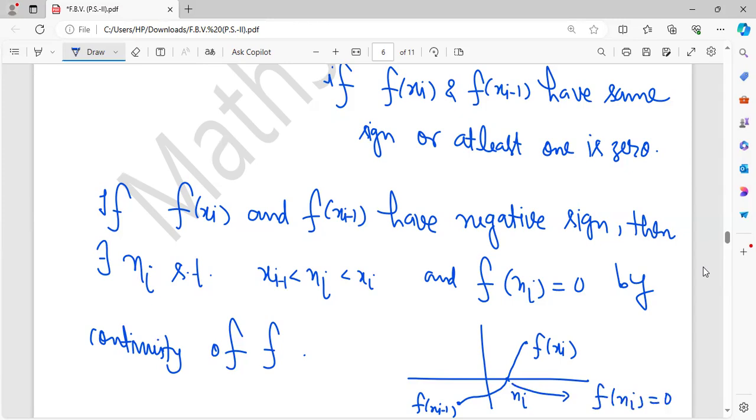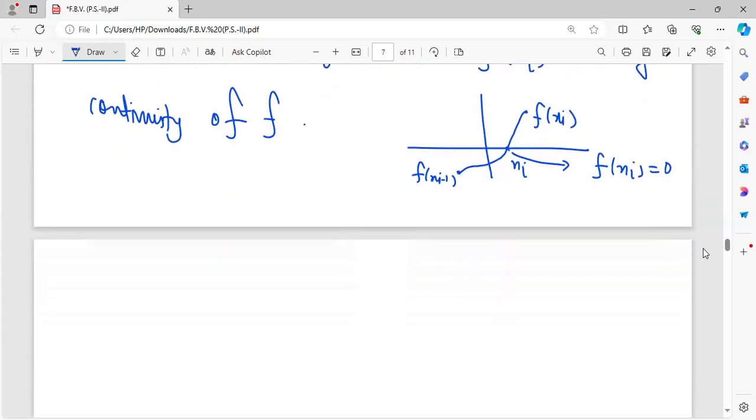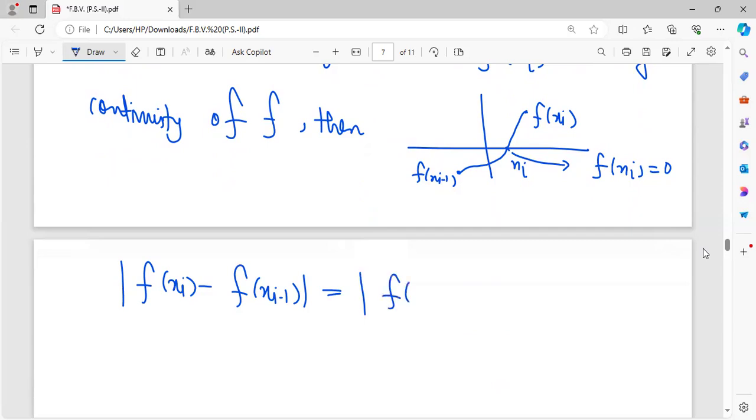Then what will happen actually? f(x_i) minus f(x_{i-1}), I can write as f(x_i) minus f(eta_i) plus f(eta_i) minus f(x_{i-1}). Now use the triangle inequality here.